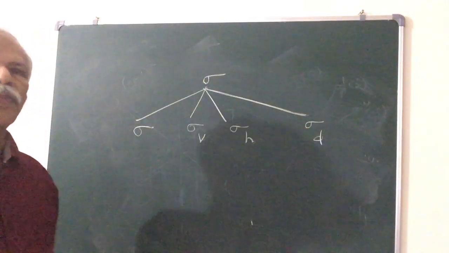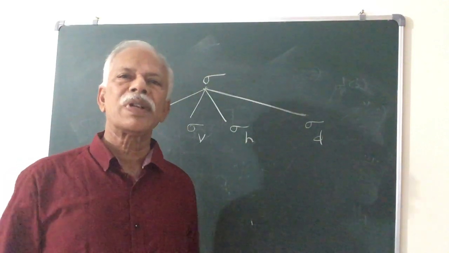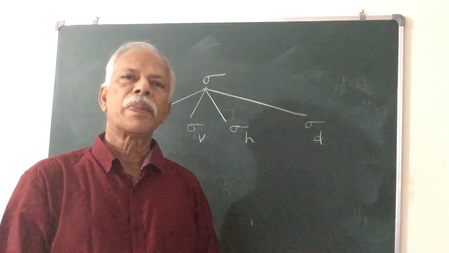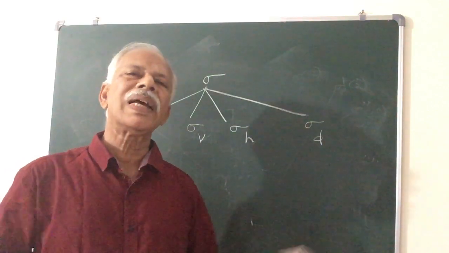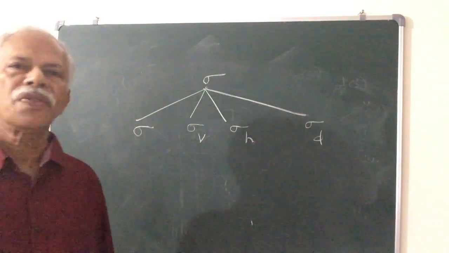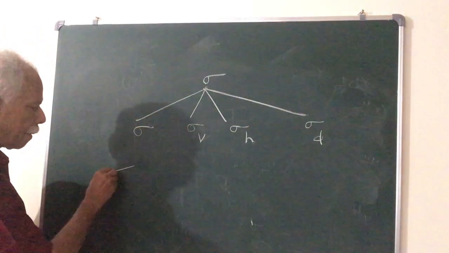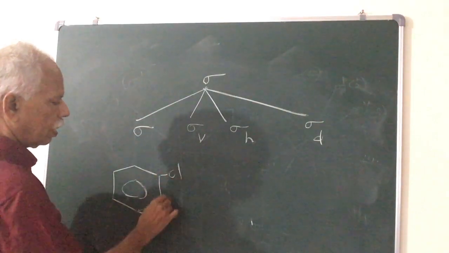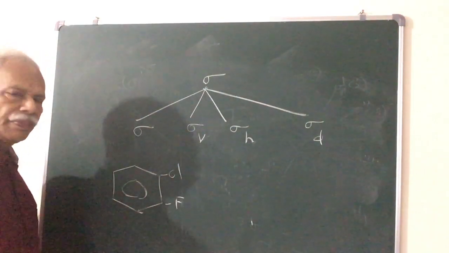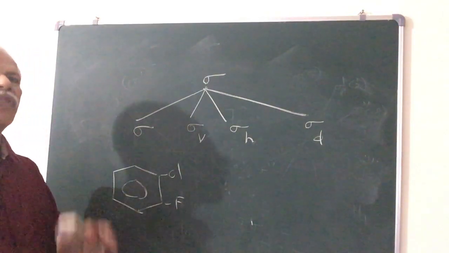Simple plane of symmetry is possessed by molecules which have no other elements of symmetry than the plane of symmetry alone. They are planar molecules without any other element of symmetry. Of course, identity will be there. Think of a molecule like benzene having a substituent chlorine here and a fluorine here. 1-chloro-2-fluorobenzene.